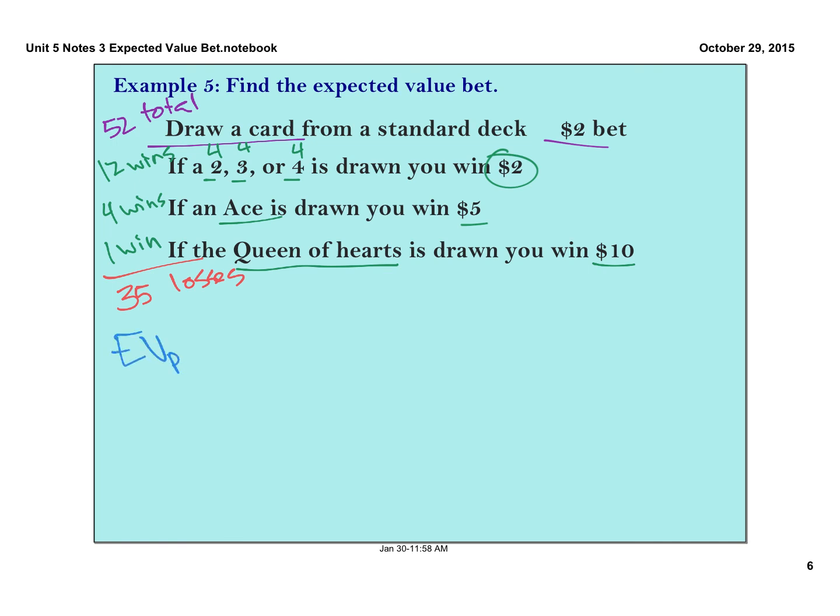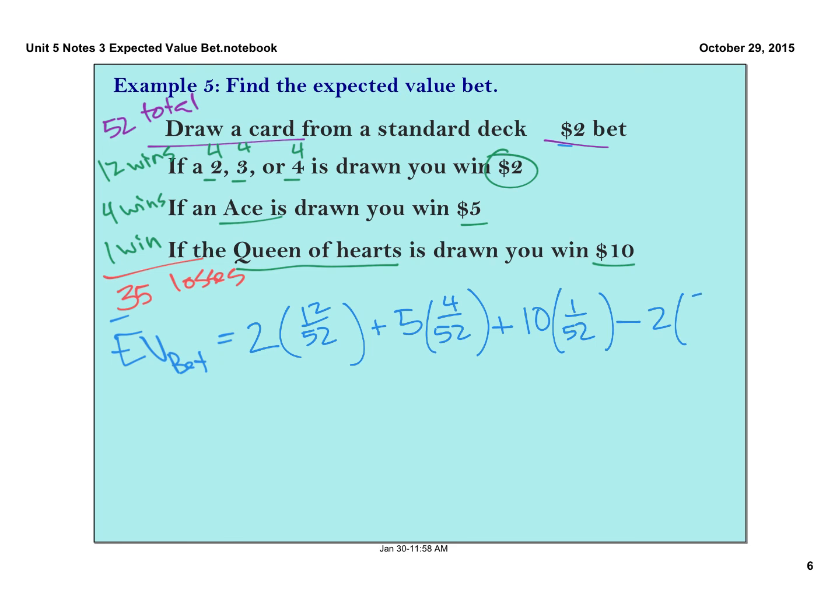So my expected value for betting looks like $2 for a 12 out of 52 probability of winning, plus $5 for a 4 out of 52 probability of winning, plus one more payout, $10 times a 1 out of 52 probability of winning, minus all the rest. So a $2 bet times a 35 out of 52 probability.